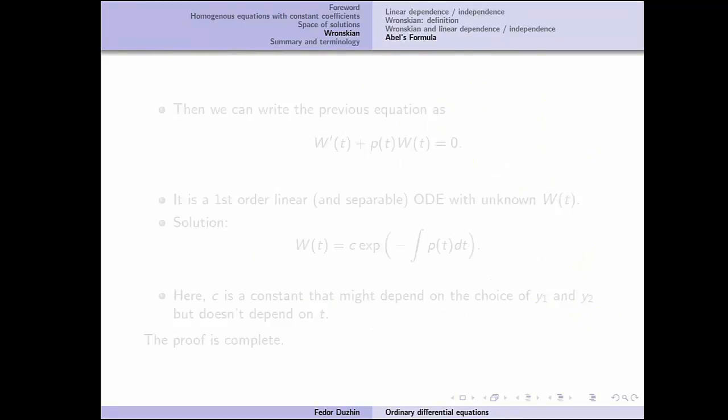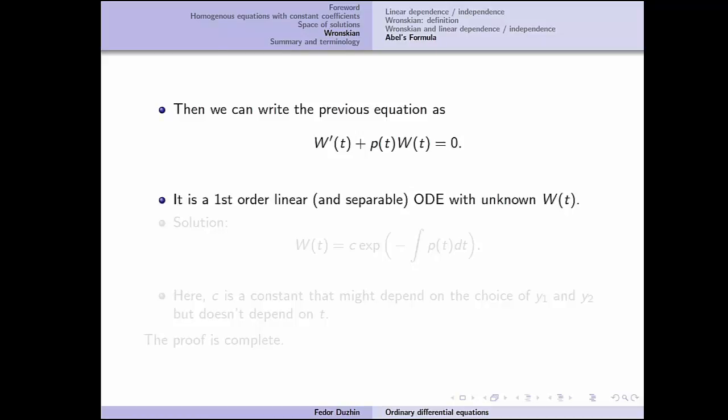So in other words, the Wronskian satisfies a differential equation itself: W prime plus p of t times W of t. And I hope you recognize it. It is a first order linear differential equation with the unknown function W of t.